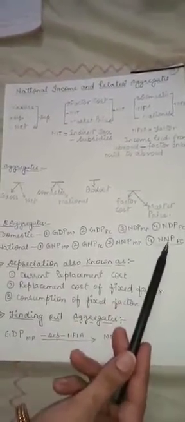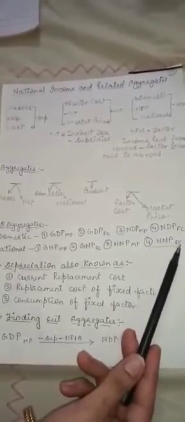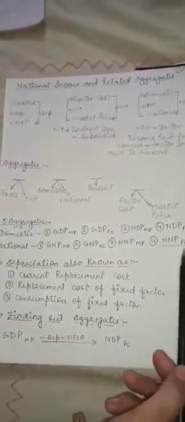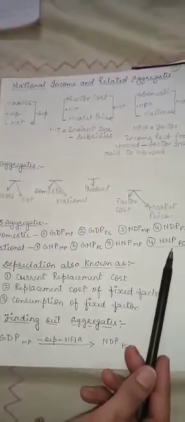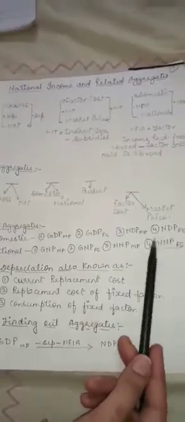And the last one is NNPFC: N for net, N for national, P for product, and FC means factor cost. And this NNPFC makes our national income. This is known as our national income. So we have to find this out with the help of other aggregates.